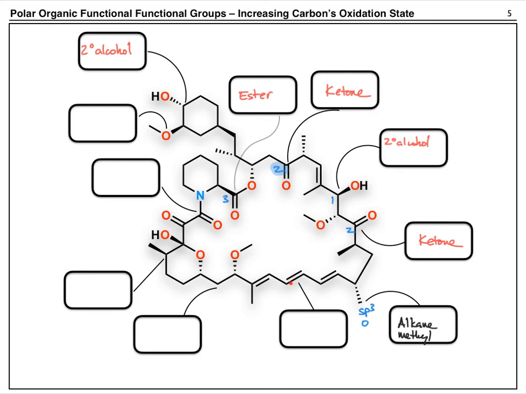Now this box is pointing to a carbon-carbon pi bond, a double bond here. So this is an alkene. This box is pointing to a CH2 group, a methylene group, so that's an alkane as well.